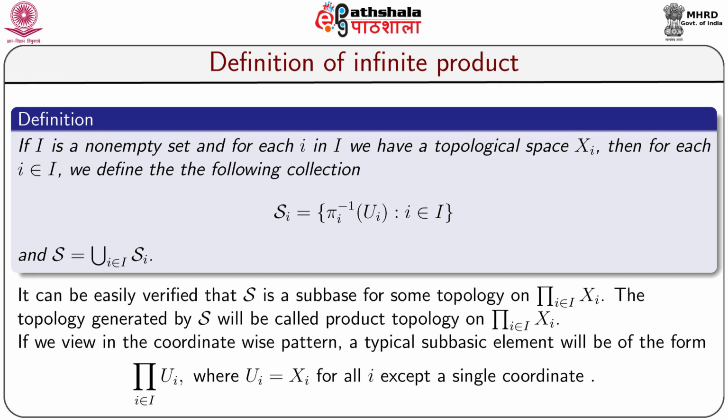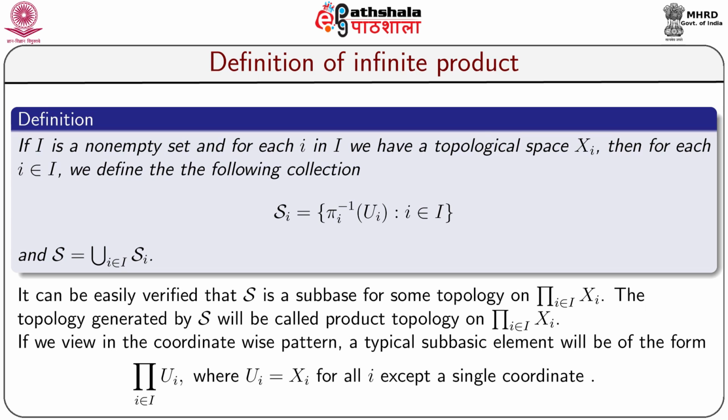So, what is π_i inverse of U_i? If we think of it as the Cartesian product, this is equal to a Cartesian product which has U_i in the ith coordinate, and except the ith coordinate everywhere it is equal to X_j.